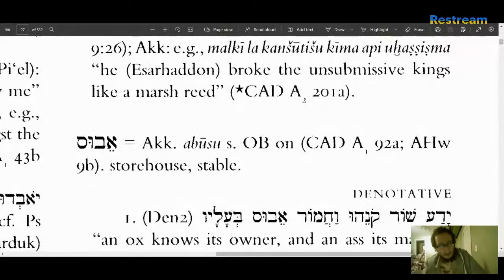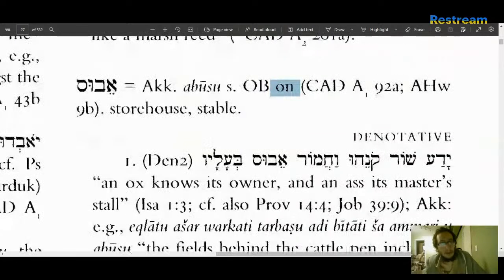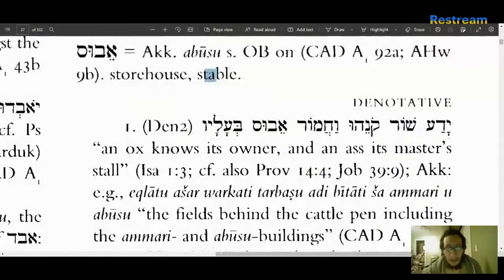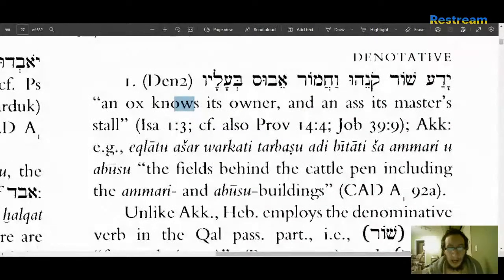So Abbas, the Akkadian is Abus. Old Babylonian it occurs in, and onward. Also, yeah, so it means storehouse, stable. So we just read this from Isaiah. So Akkadian, we have the fields behind the cattle pen, including the Amari and Abusu buildings.